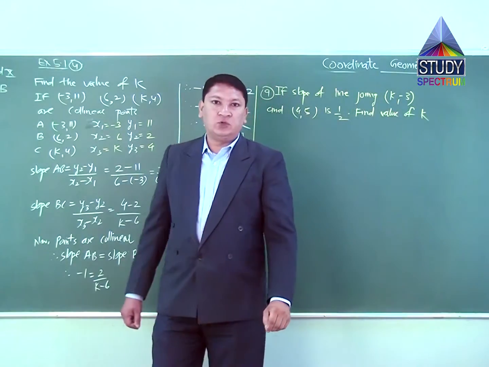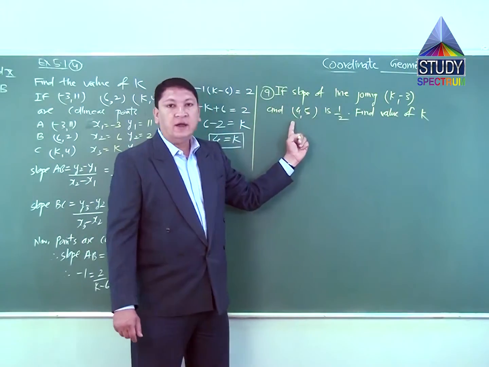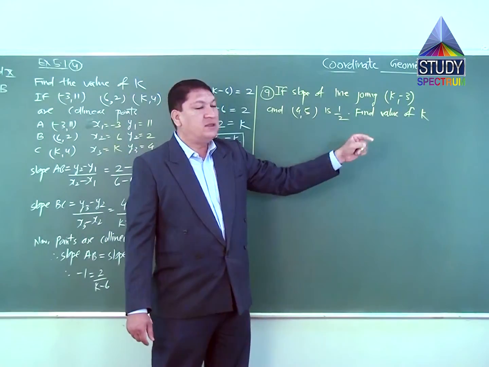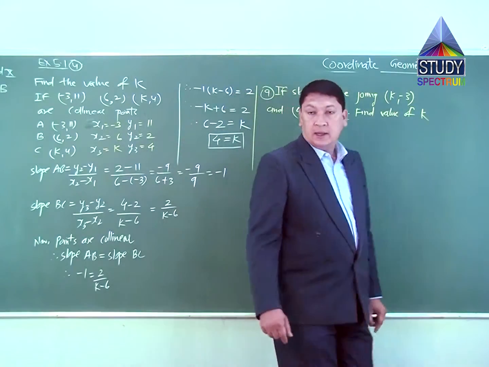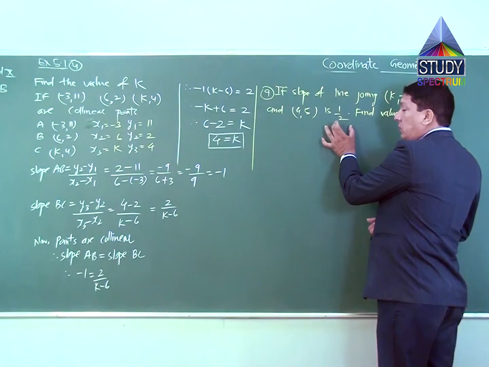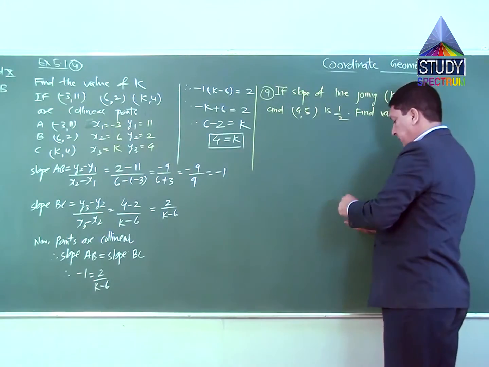If slope of a line joining (K, minus 3) and (4, 5) is half, is 1 upon 2, then find the value of K. Slightly different. Slope is given to us as 1 upon 2, right? We need to find the value of K.